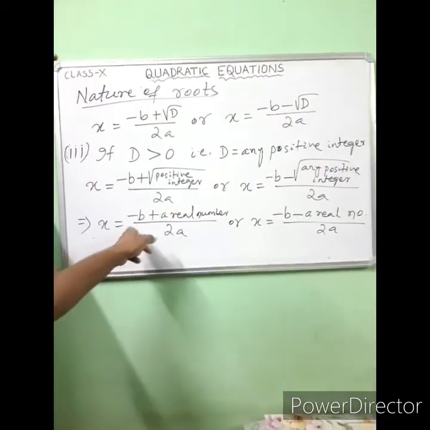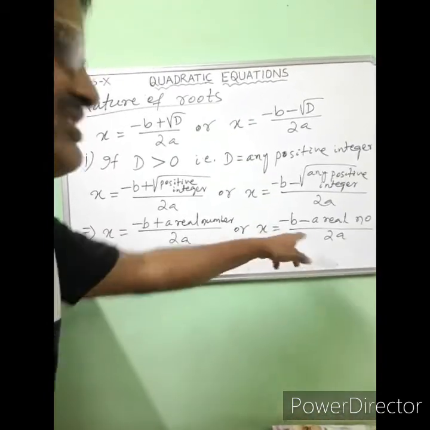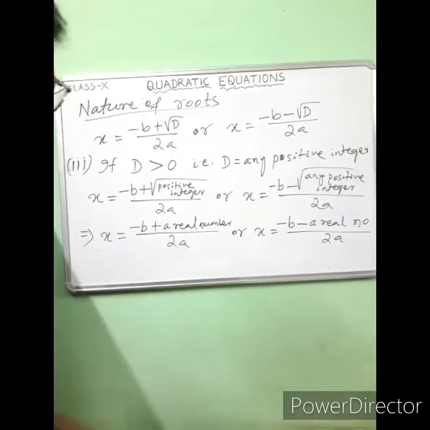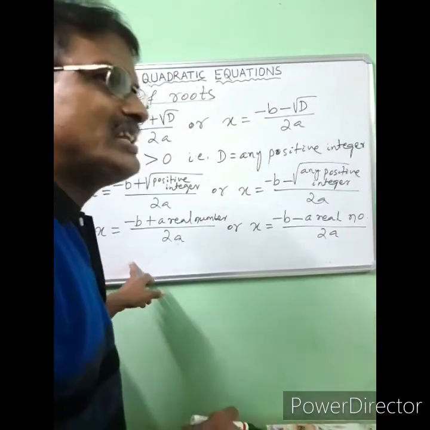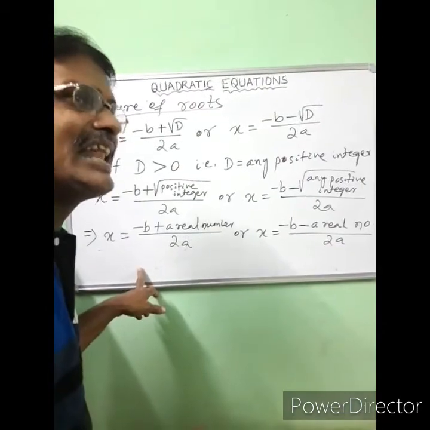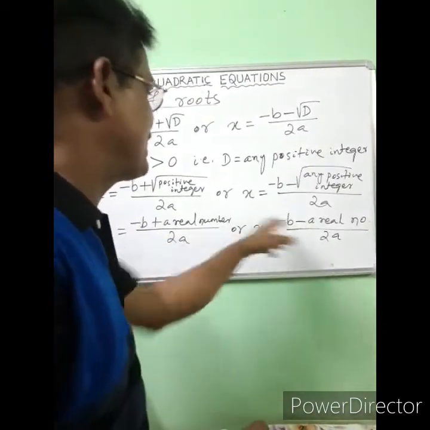So here the two roots are real numbers. That means the nature of the two roots are two distinct real numbers. Here plus, here minus, so these are two different real numbers.